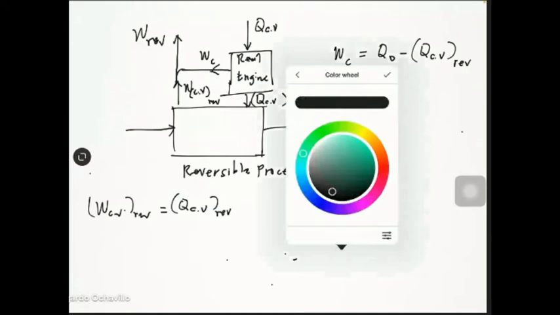So we substitute that value in our last equation, the equation of our WC.